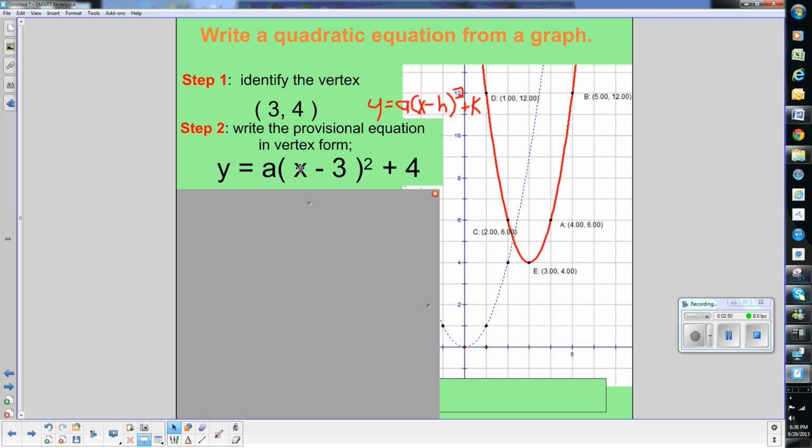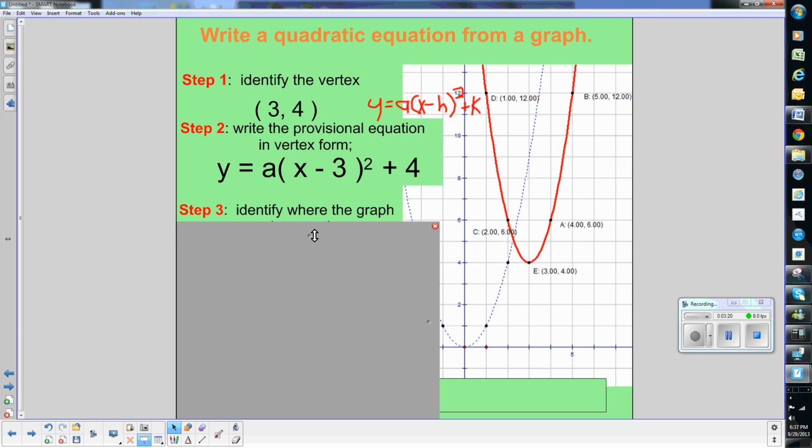You would expect that to be x plus 3, but it's not. It's x minus 3 because it's the opposite of what it appears. And then 4 is the over. It's outside the grouping symbol, outside the parentheses, and then up 4, just as the plus sign indicates. Okay, so there we have it.